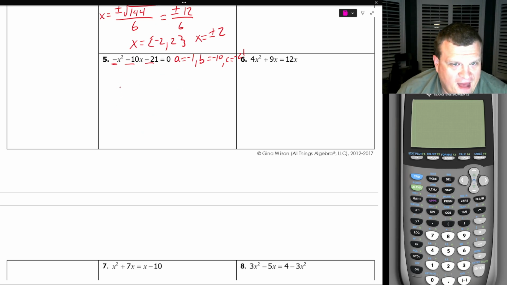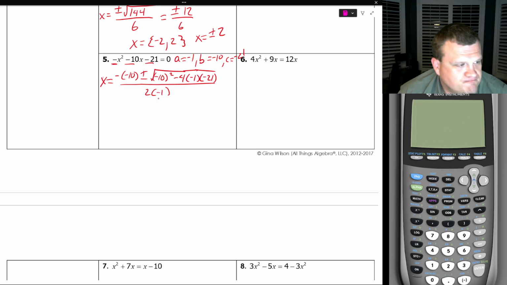With that, we're ready to plug in. x equals -b, which is negative times -10, plus or minus the square root of b squared, so -10 squared, minus 4 times a, which is -1, times c, which is -21, all over 2 times a, which is -1.